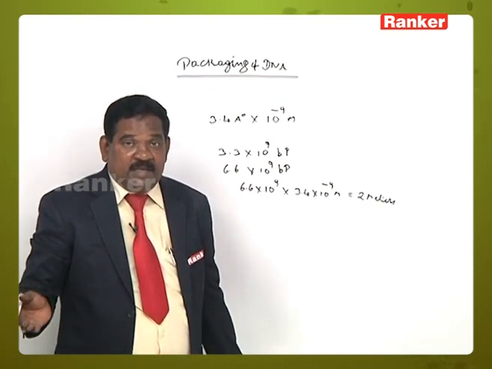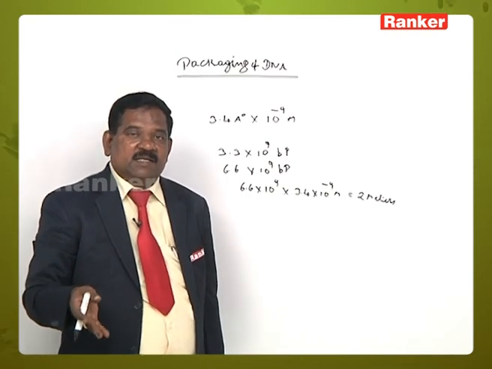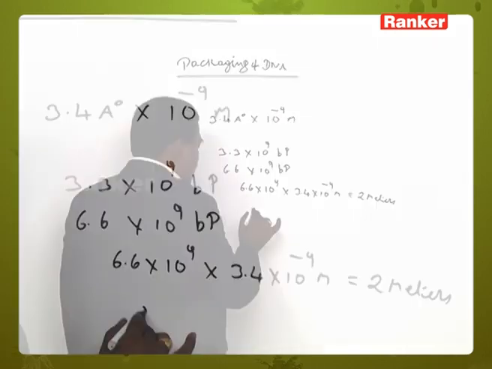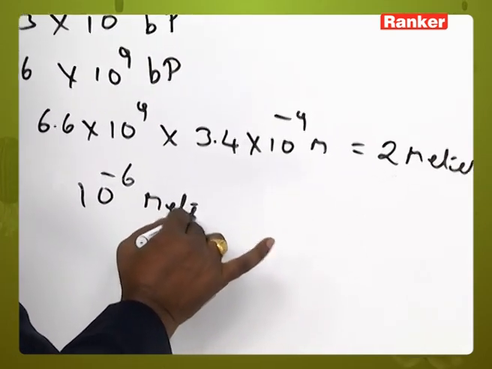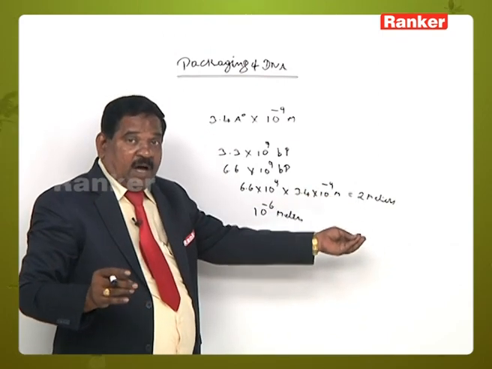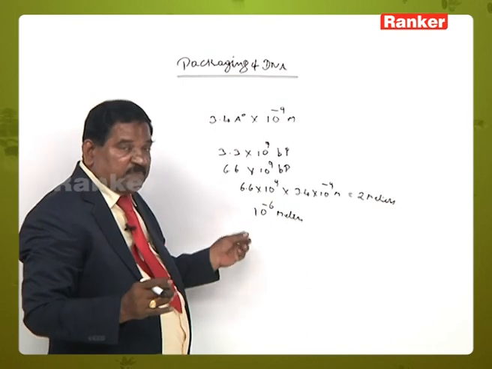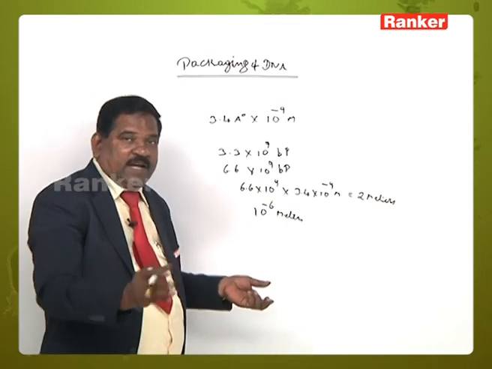But the length of DNA is 2 meters, while the size of the nucleus is 10 to the power of minus 6 meters. Then how is it possible that this 2 meter long DNA is adjusted in this small nucleus? It is folded in many ways.